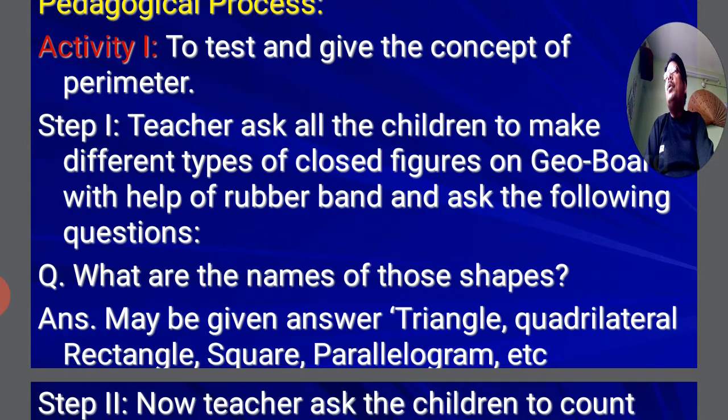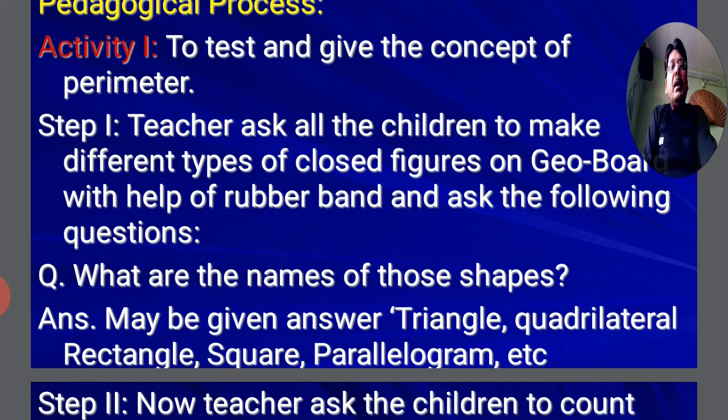A geoboard is a board fixed with nails in a lot of square shapes, all of equal measurement. I think all of you are familiar. You have already made the geoboard in your class.